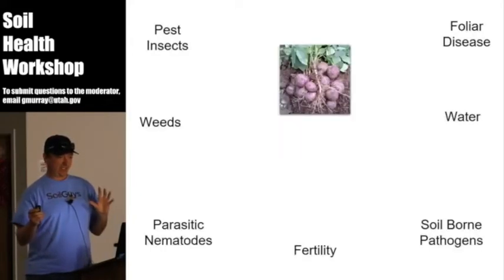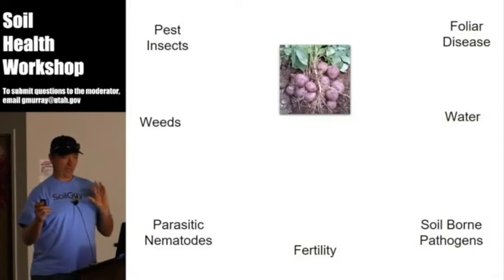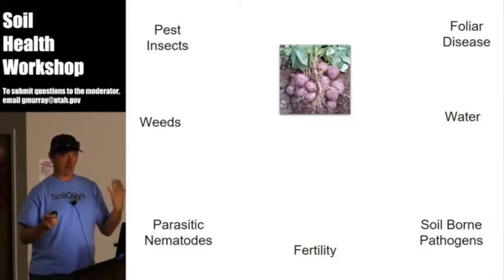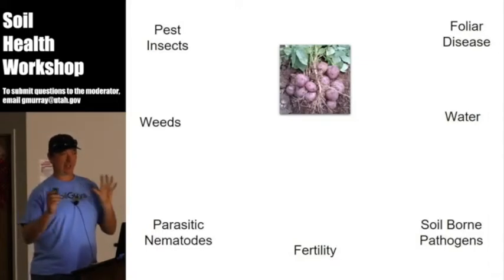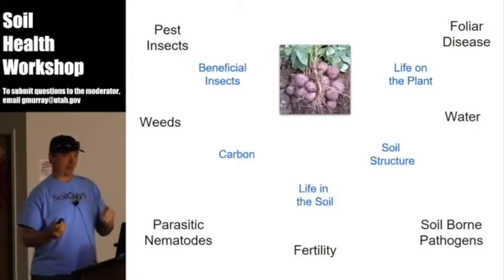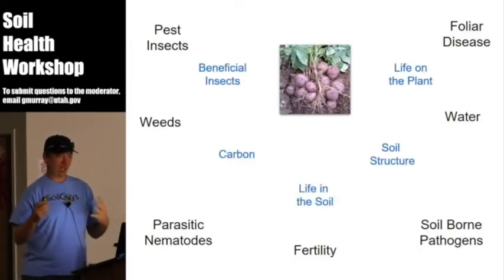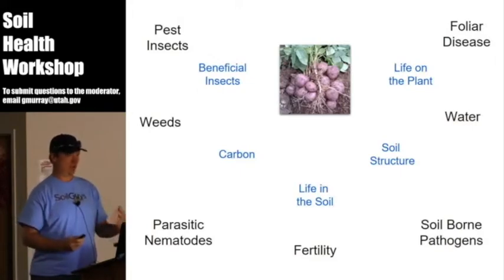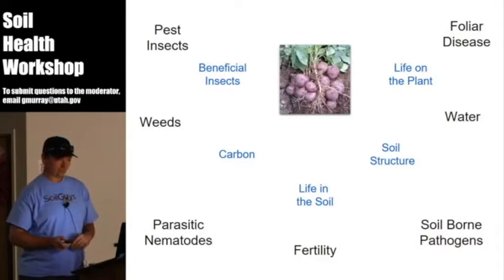So if we take this system and look at this, what we had to realize is there were other factors here that really mess up that linear thought process. We weren't taking things into consideration like the beneficial insects, the life on the plant, life in the soil, carbon and soil structure. Those were things that we were neglecting.